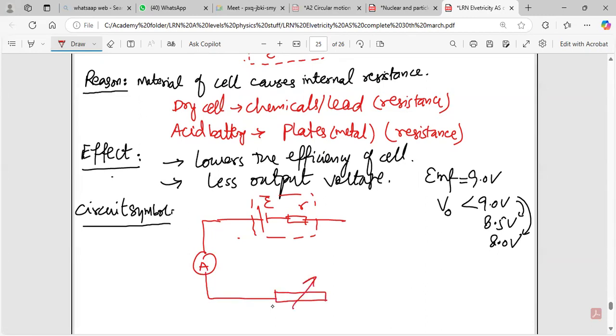We can connect a variable resistor over there, and then we can connect a voltmeter across it as well. You know that this voltmeter tells you the potential difference. The ammeter tells you how much current is in the circuit, and this is called the output potential difference across this resistor R.